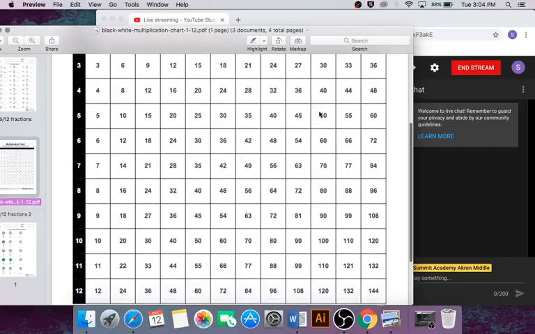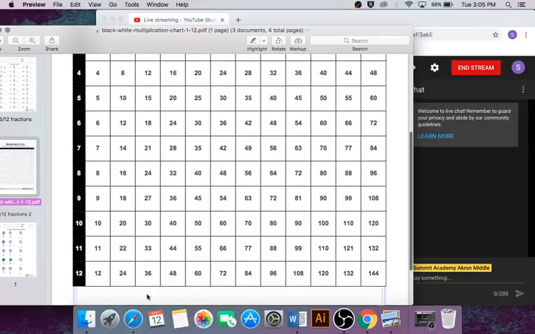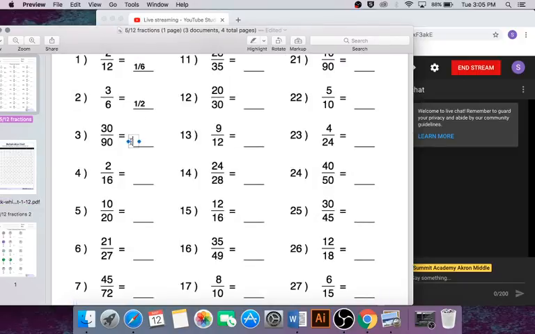We're looking to see if there's a bigger number that'll go into 30. 5 goes into 30. 6 goes into 30. 10 goes into 30. So on our multiplication chart, 10 is the biggest number that goes into 30, and it also goes into 90. So when we go over here, 10 goes into 30 3 times, and 10 goes into 90 9 times.